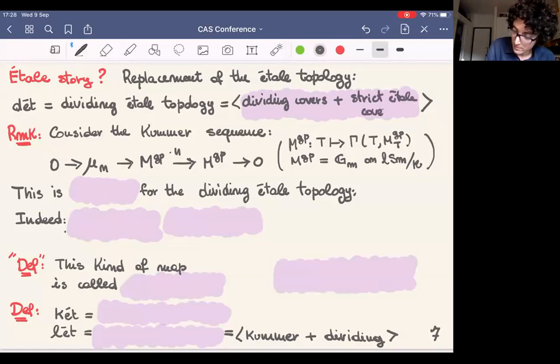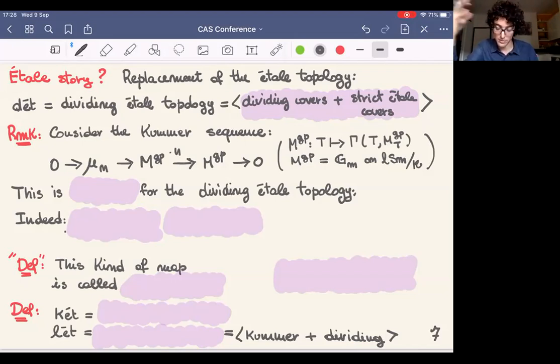So remember that strict étale means that it's étale as a morphism of the underlying schemes, and that the source has a log structure which is induced by the target. So if you think in terms of schemes with compactifications, it means that you have an étale map of a global guy, and that the divisor that you consider on the cover is the pullback of a divisor that you have downstairs.